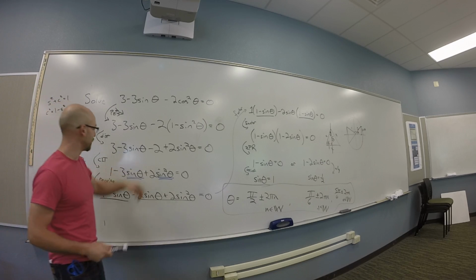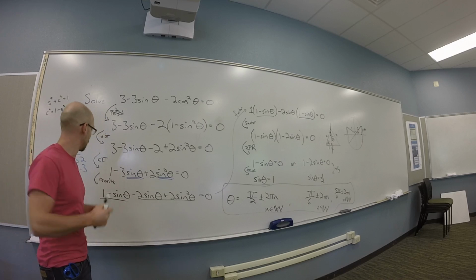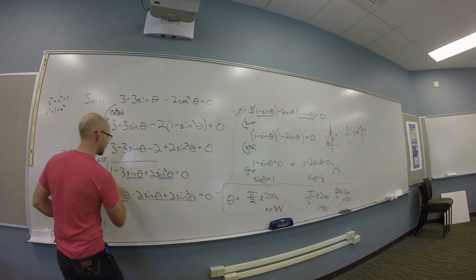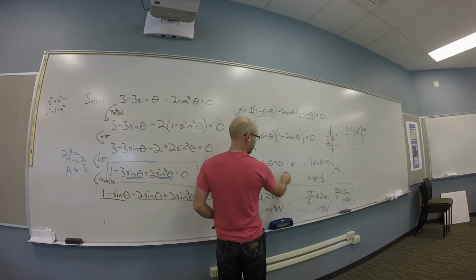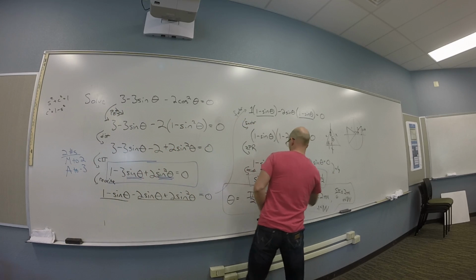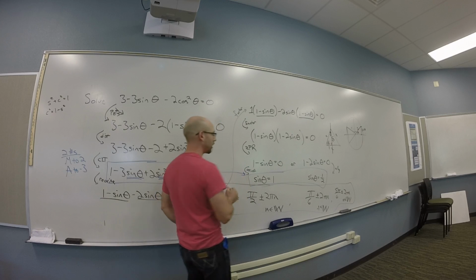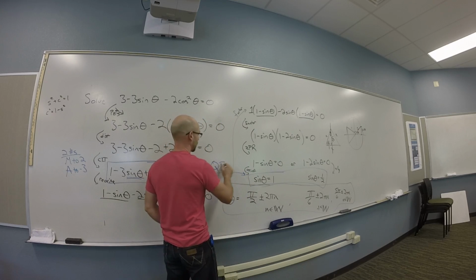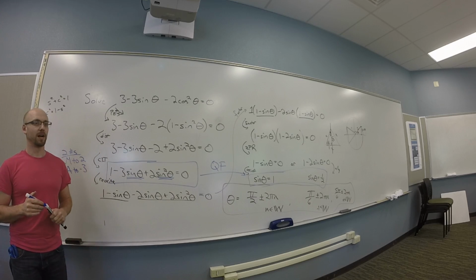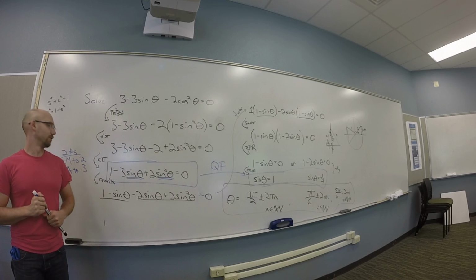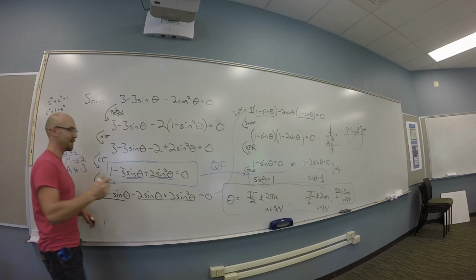You could also do this whole part, from this guy here to this guy here, right? That jump can also be made with the quadratic formula. So figure out what your A, B, and C are, right?